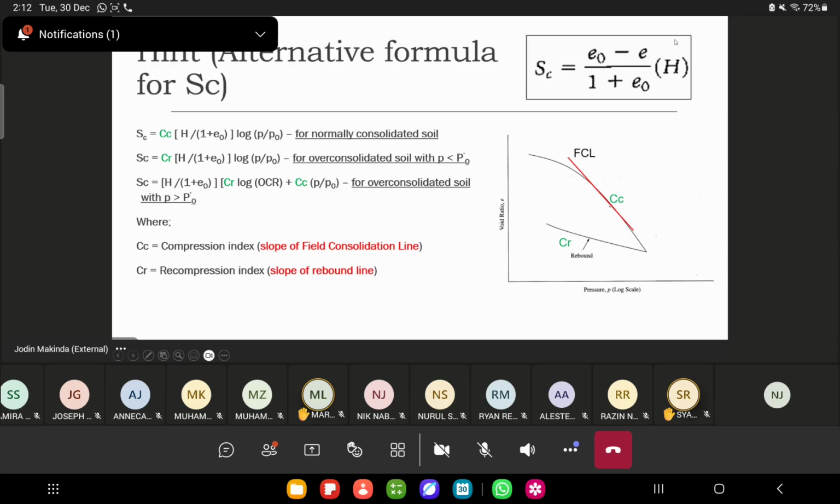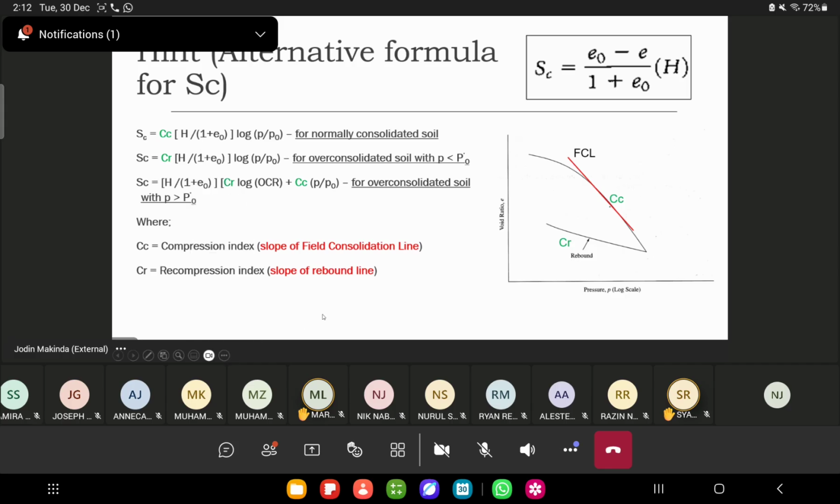So equation SC here is the most common equation that we can use to calculate the total settlement. Now, besides this main equation, we also have several equations that we can use as alternatives.